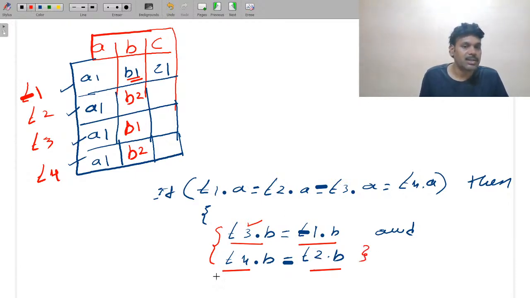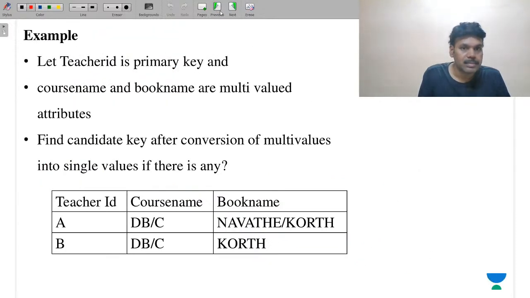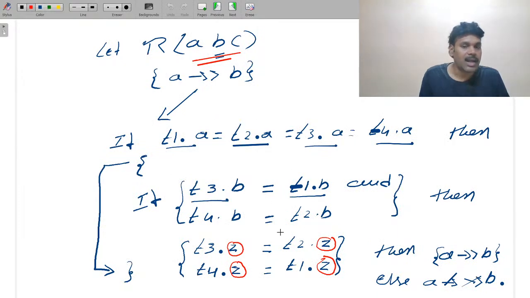Then one more condition is there. What is that condition? That is a premier condition to us. Please look at the last condition.